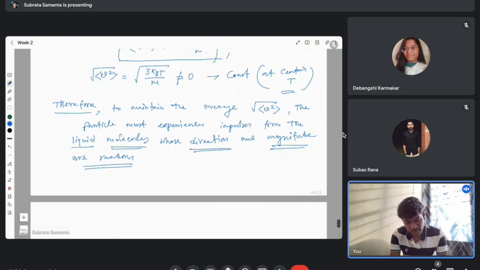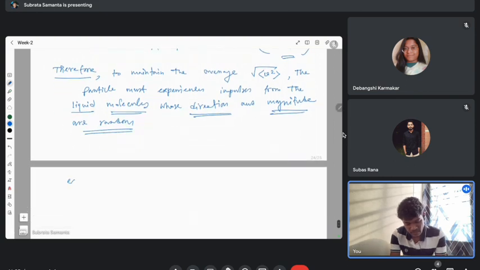Experimentally we observe that x square average is proportional to time, which indirectly tells that the square root, that means lambda x, is proportional to t to the power half.